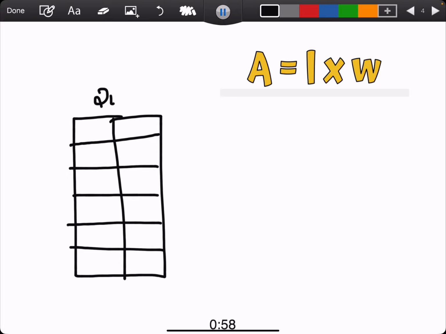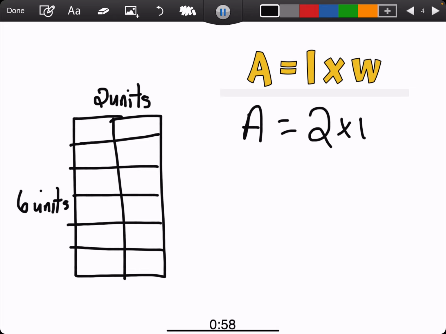So I have my 2 units as my length, and 6 units as my width. And now area equals my length of 2 times my width, which is 6.